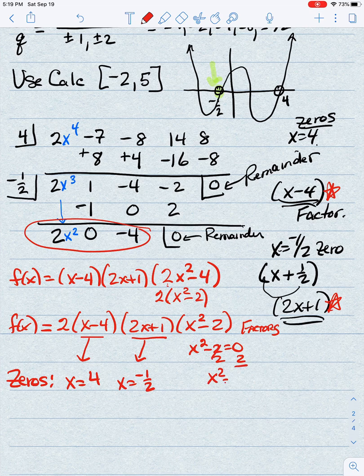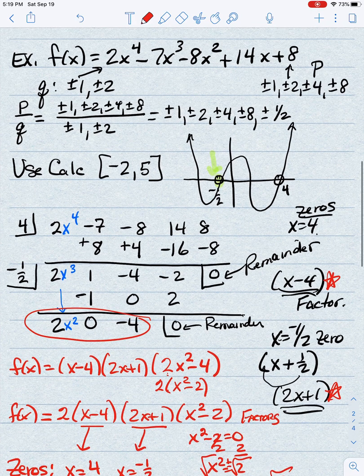So x squared equals 2. Then square root. But remember, when you're solving on that square root, it introduces your plus or minus. So that actually gives us 2 more roots. Okay, so we have a total of 1, 2, really 3, 4 zeros.